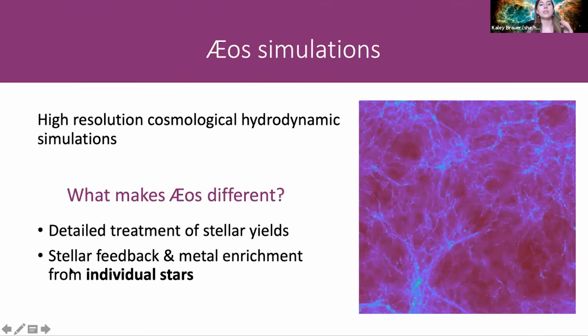As I've mentioned, stellar feedback and metal enrichment from individual stars is very important in some of these dwarf galaxies for getting scatter within galaxies. And if we want to have direct comparisons to star by star observations of metal-poor chemical abundances, we want to be able to see the feedback at this level.